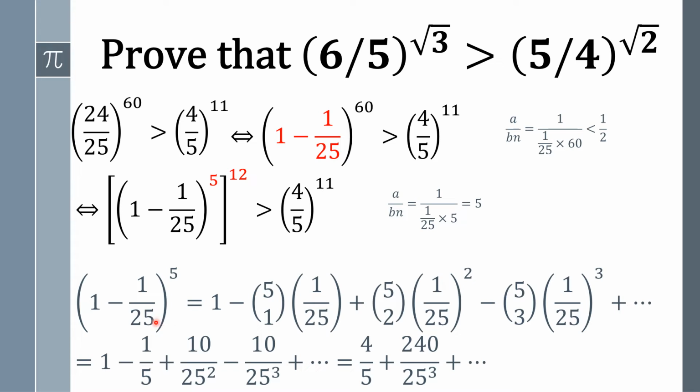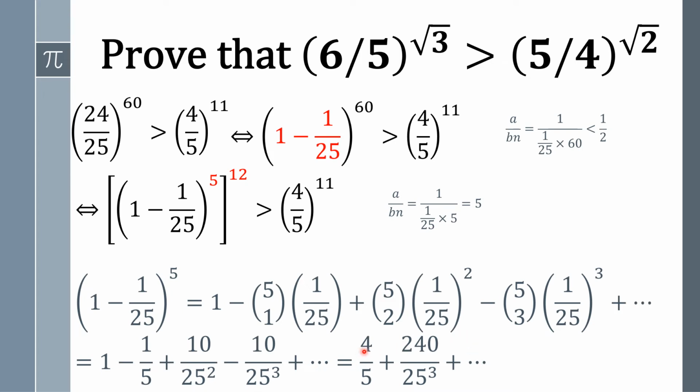So we have (1 minus 1/25)^5 equals 1 minus 1/5 plus 10/25² minus 10/25³, etc., which equals 4/5 plus 240/25³, etc. Please pay attention.